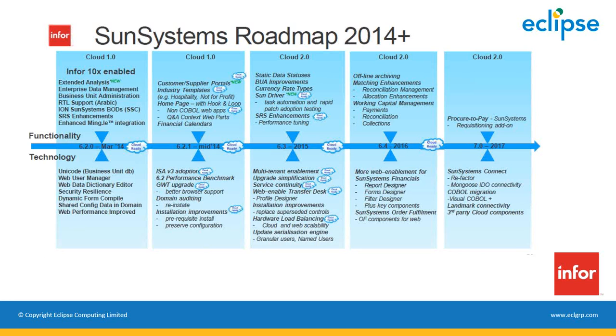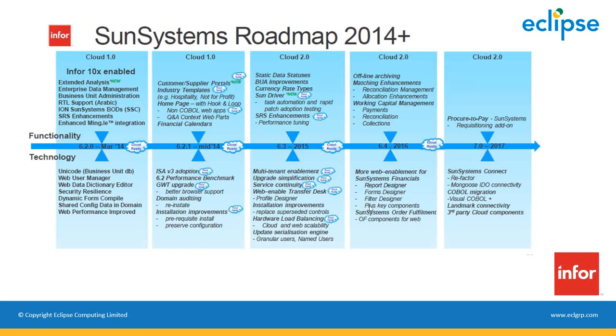What's going to happen next? The idea, hopefully, is to bring in some new functionality, some additional portal functionality. Over time, we're going to see things like more SRS enhancements, new currency rate types, improvements to the business unit administration functionality, and again a series of enhancements on the technology side as well.